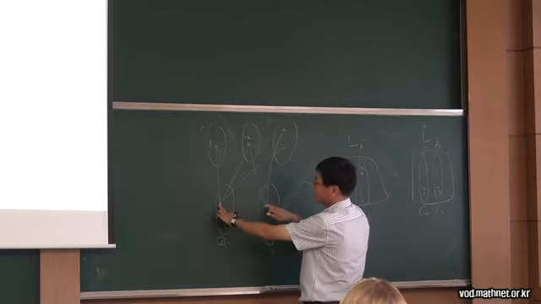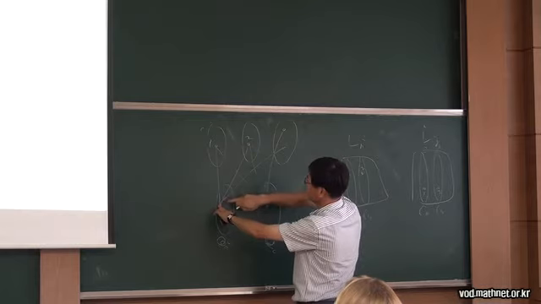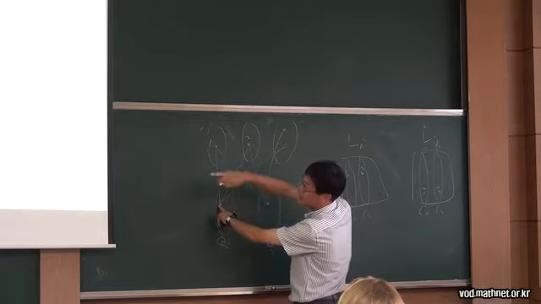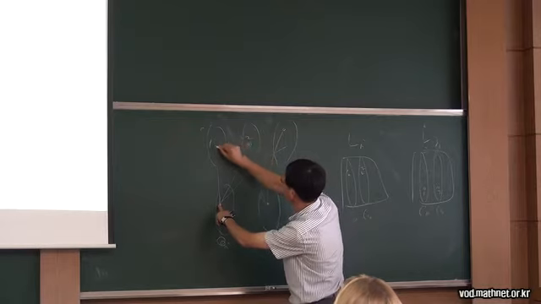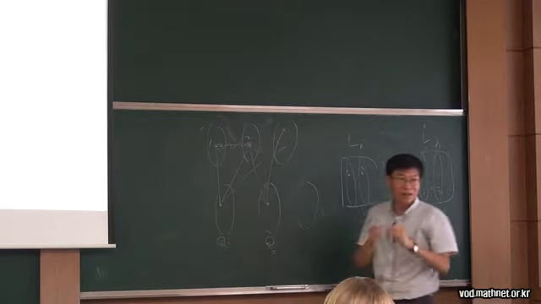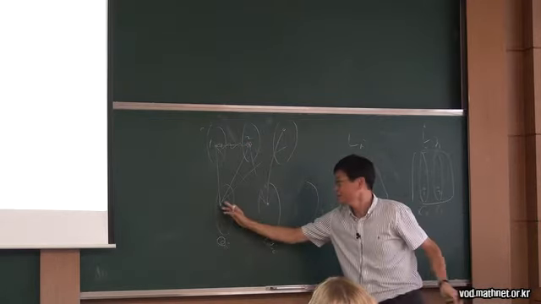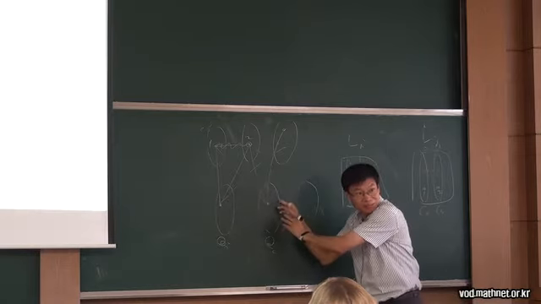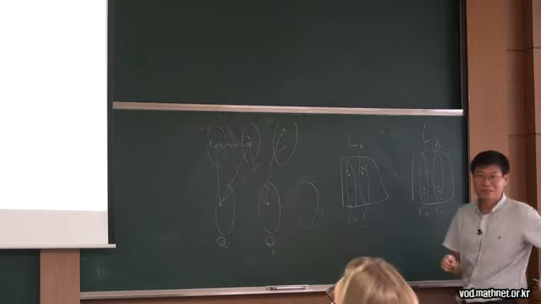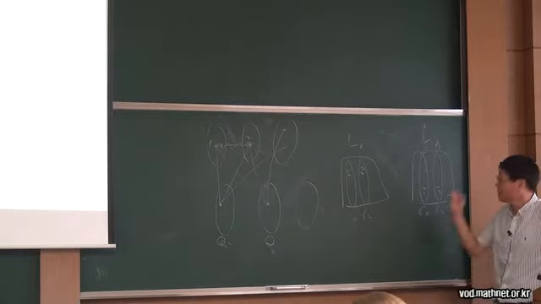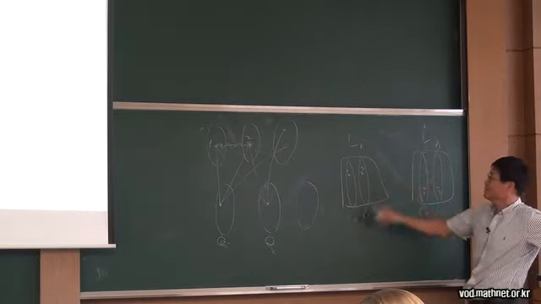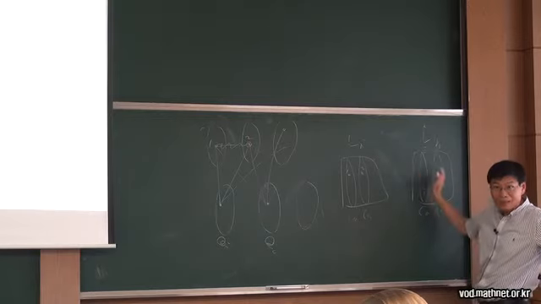Then the point is this edge appears in this vertex and this vertex, in the squares. And that situation is exactly the same as in the Latin square Li.